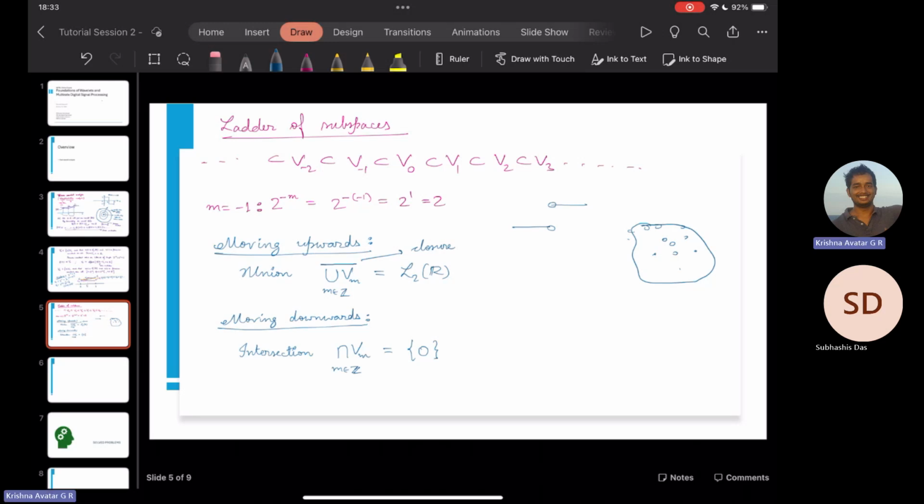Right? So this is of course the trivial space. This is a trivial subspace.